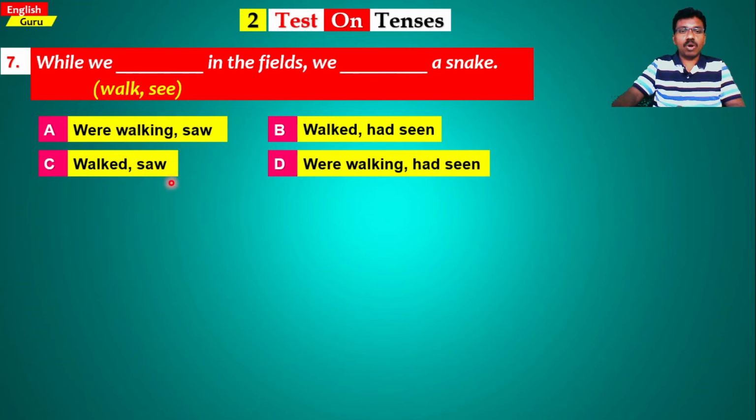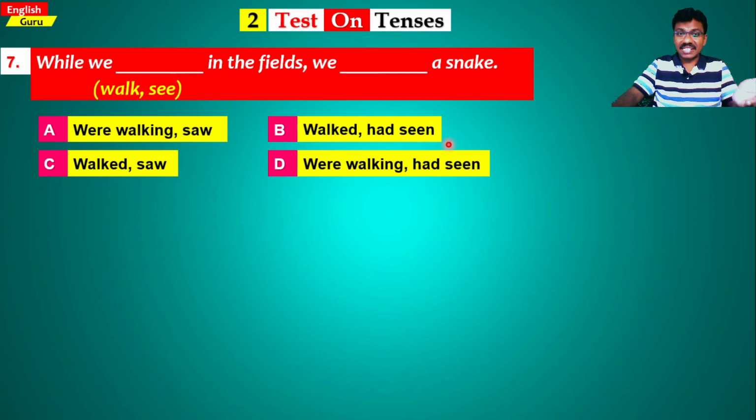So obviously all the verbs are from past tense, and we have discussed what are the possible combinations of any past tense. What are they? The first one, simple past plus simple past. Second one, simple past plus past continuous. Third one, simple past and past perfect tense. And if we see the combinations, were walking, saw, of course, seems right.